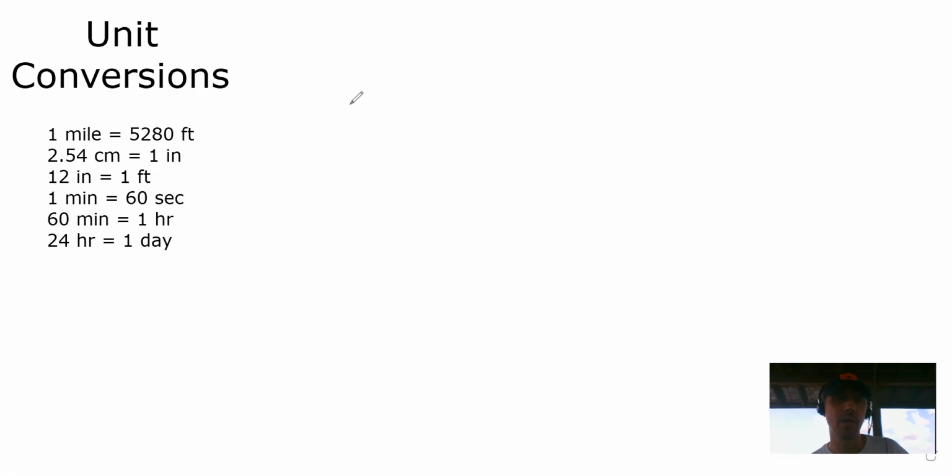Since 1 mile is equal to 5,280 feet, then 1 mile over 5,280 feet, since those are equal to one another, one over the other is in essence 1, okay? And so that's what allows us to do unit conversions.